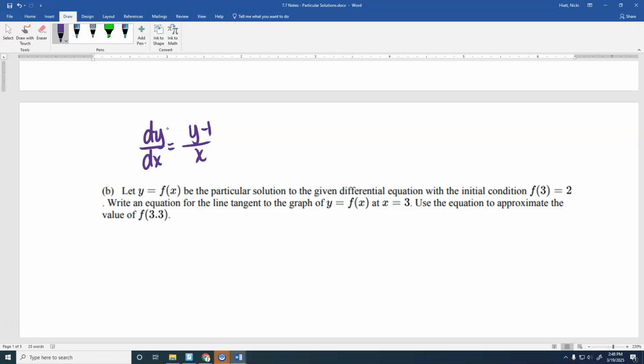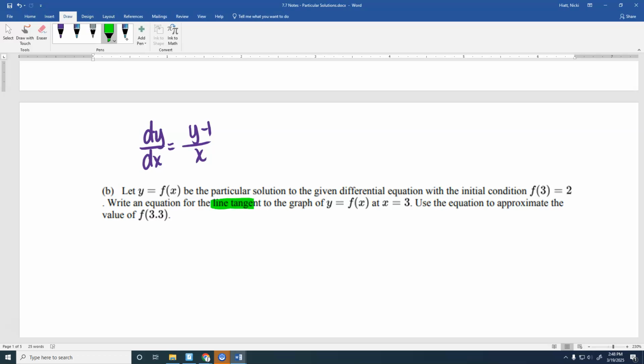This question is not asking you to solve the differential equation. You have enough information to do it, but it's not asking you to do it here. What is it asking you to come up with? The tangent line, right?